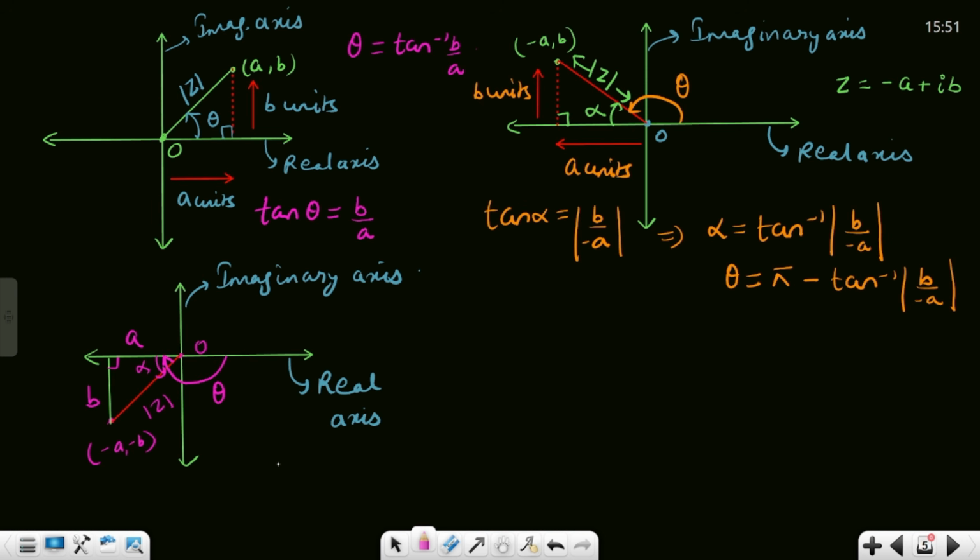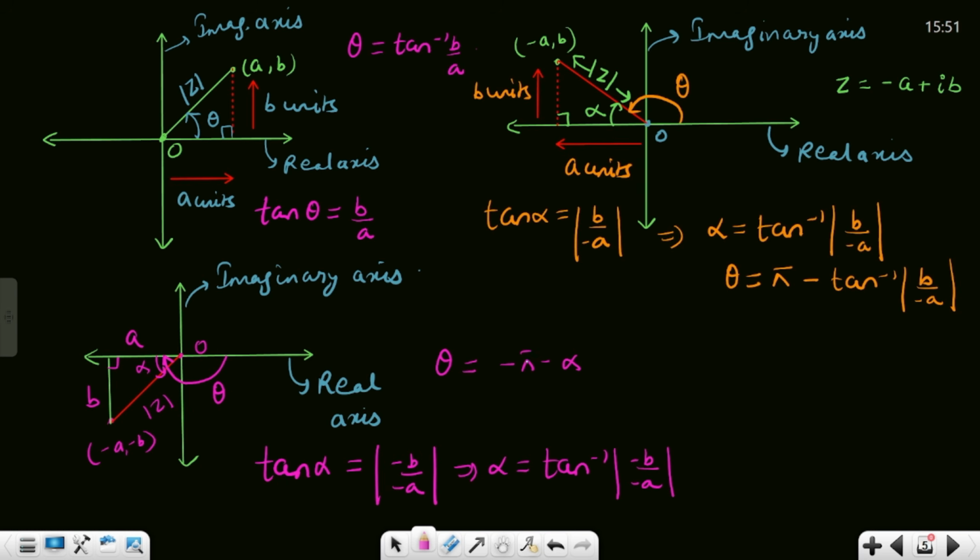Now here similarly, if I ask you what is tan alpha, what will you tell? Tan alpha is equal to, under mod, minus b upon minus a. It means alpha is equal to tan inverse under mod minus b upon minus a. So if I ask you theta, theta will be minus pi minus alpha, because we are moving in the clockwise direction now.